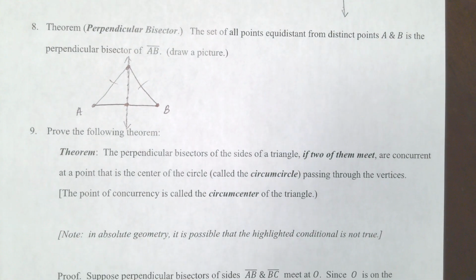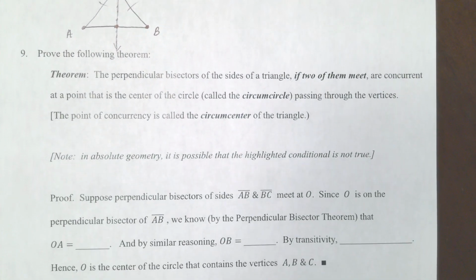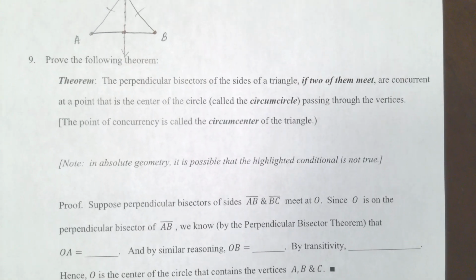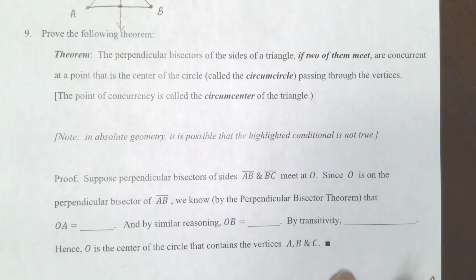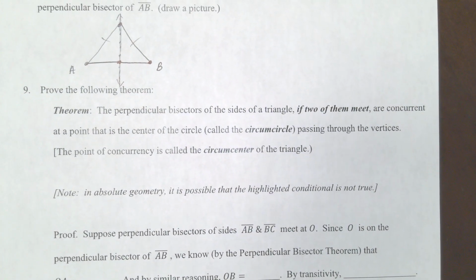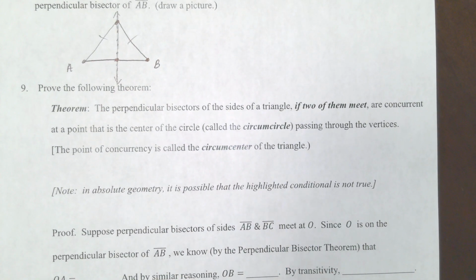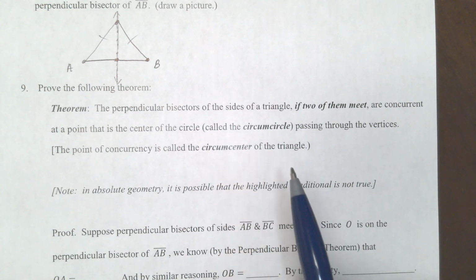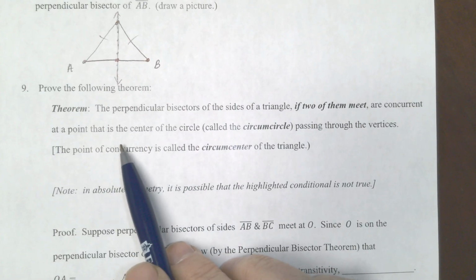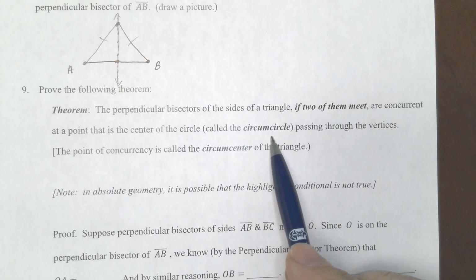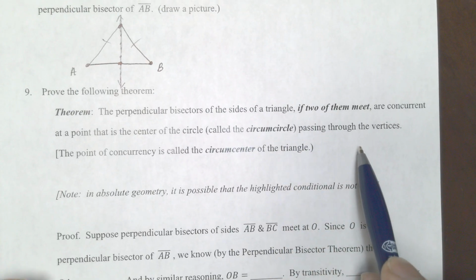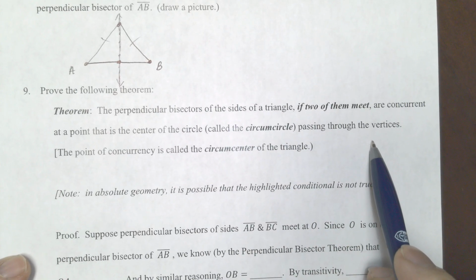All right, now the last thing we're going to look at is a theorem. We're going to prove it, but most of the proof is done for us. Prove the following theorem. The perpendicular bisectors of the sides of a triangle, if two of them meet, are concurrent at a point, which means they intersect at a point, that is the center of the circle, called the circumcircle, passing through the 3 vertices of the triangle.